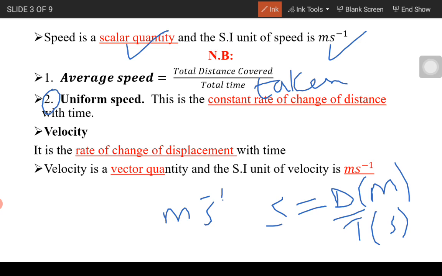Uniform speed. The word uniform, as used in English, means constant, something that does not change, steady. Like students, we normally put on uniform for recognition, for identification.